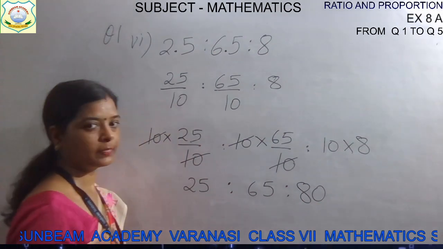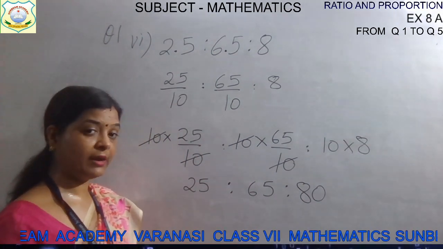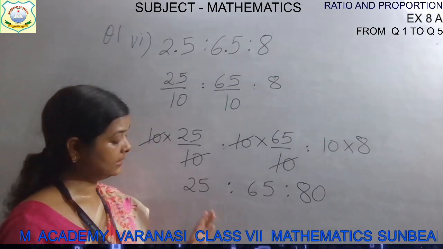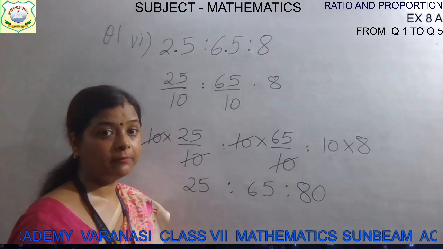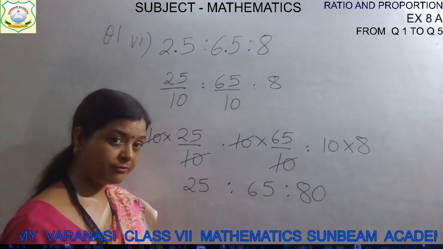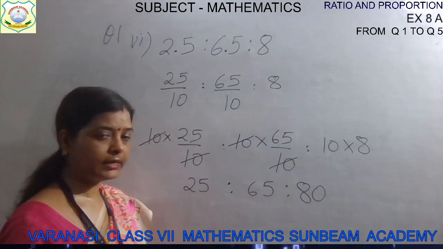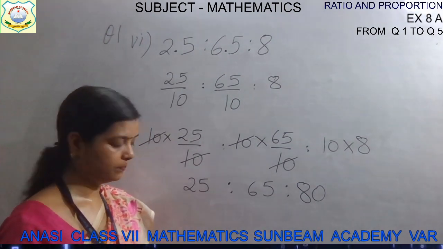Now what is the next step? How can we simplify it, children? It is 25, it is 65, it is 80. We will simplify by using their HCF, the highest common factor, so that in one go it can be converted into simplified form.